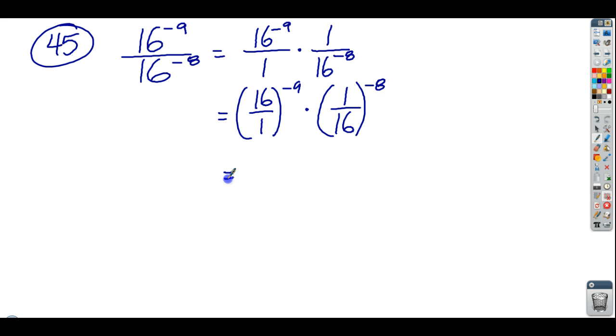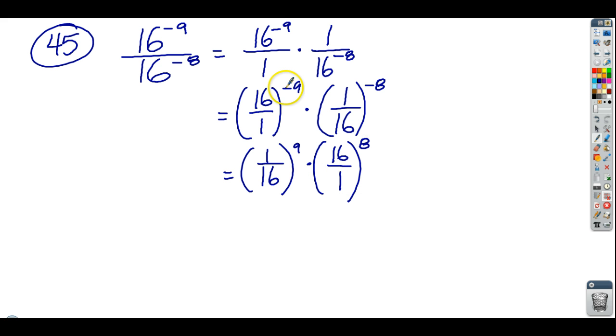So now what I'm going to do is say, 16 over 1 to the negative 9th, that's the same as 1 over 16 to the 9th times, and then this one, flip it. So it's 16 over 1 to the 8th. Notice I use the negative to make this the opposite, so 16 over 1 becomes 1 over 16. The negative becomes positive.